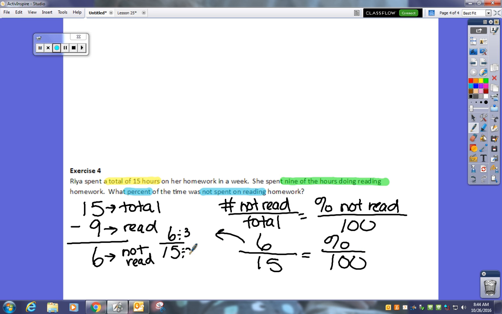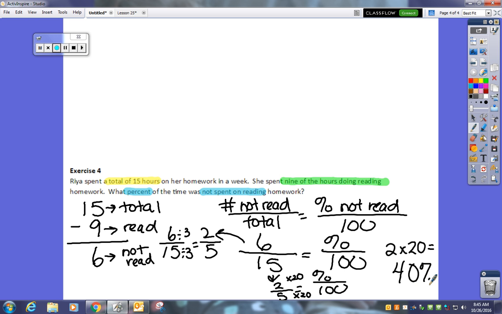Both can be divided by 3 to get us 2/5. Five goes into 100 20 times. So 2 times 20 will get us our answer of 40% not spent on reading.